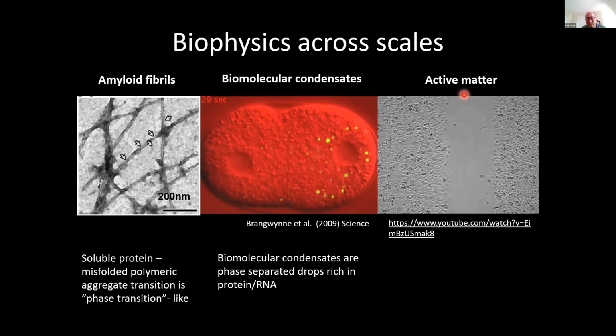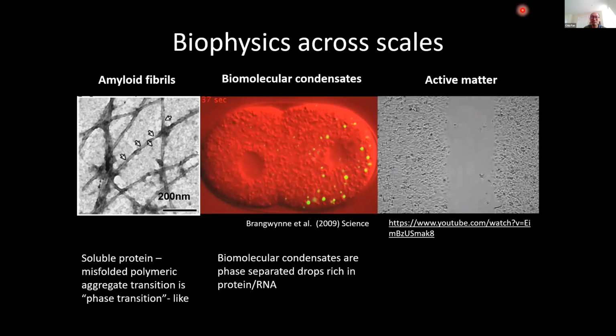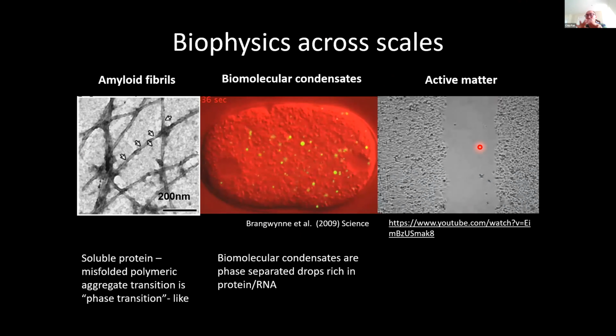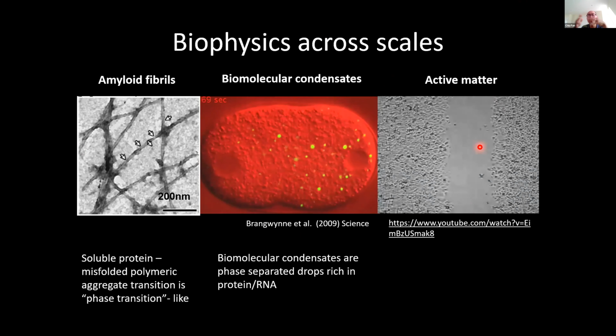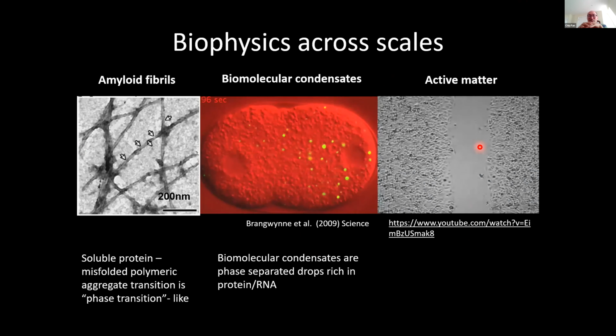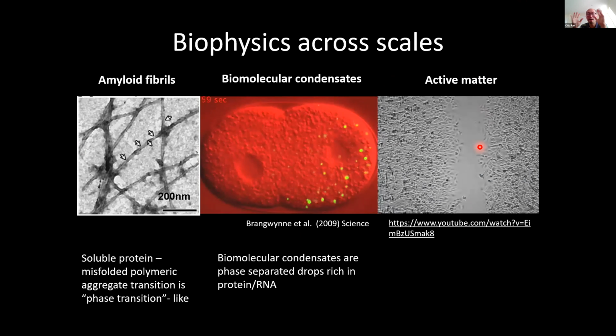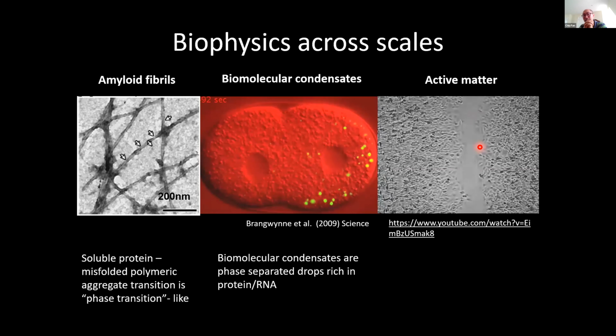Now, moving further up the length scale, we are talking about millimeters, because we're looking at a so-called wound healing assay. What we're looking at is basically a bunch of cells. Each cell is about 30 microns in diameter, approximately.